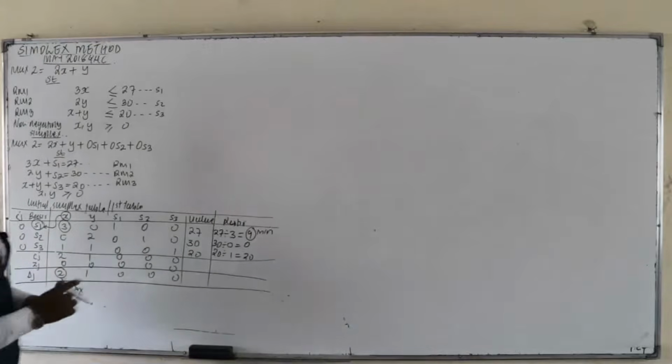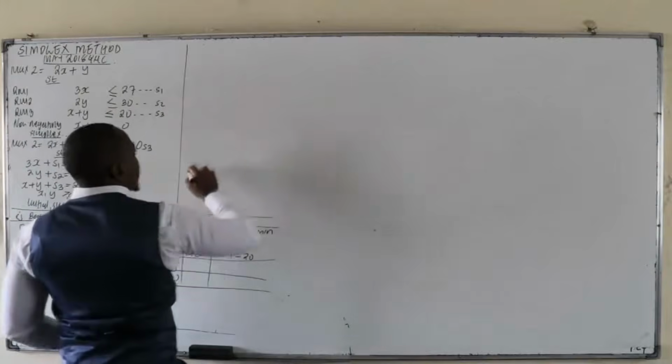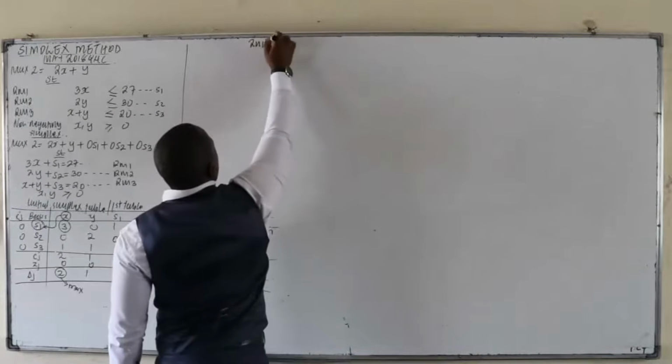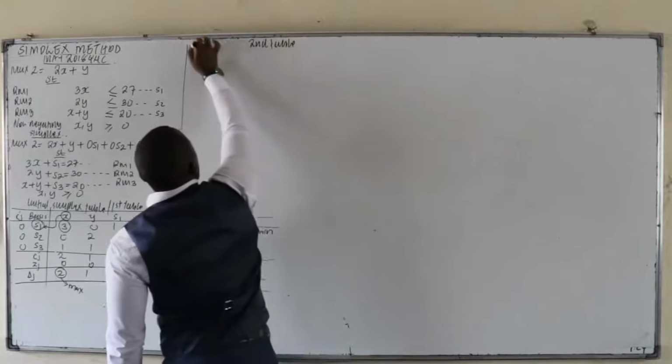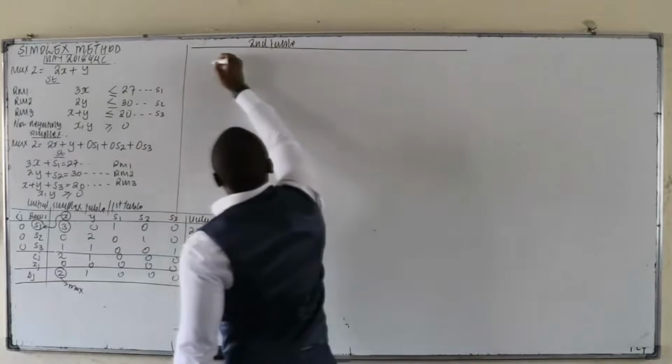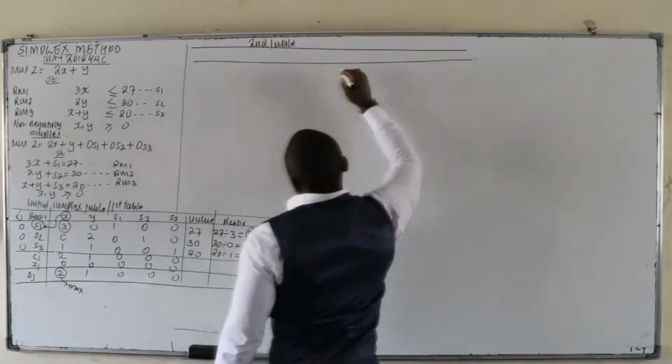So S1 becomes the outgoing variable and will be replaced by X. And then we need to get the pivot. Pivot is the meeting point between the minimum and the maximum, of which it's 3. So from there, we can develop the second table.